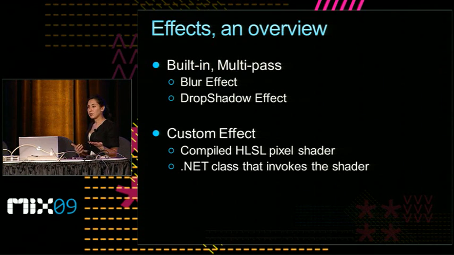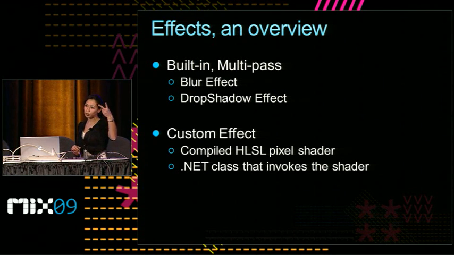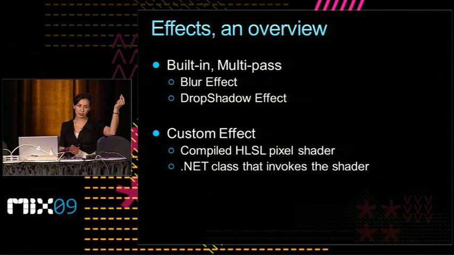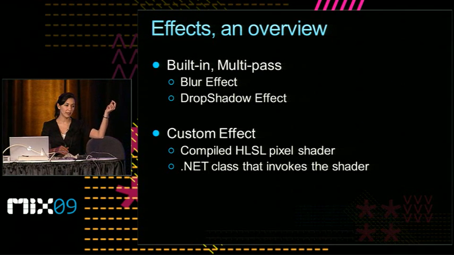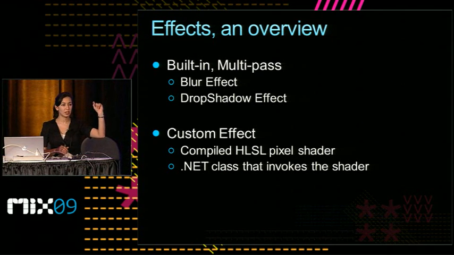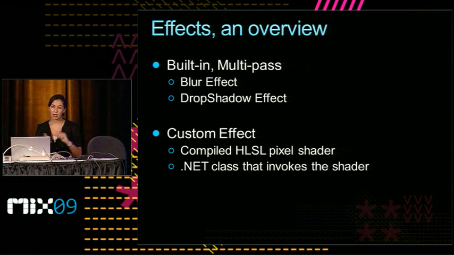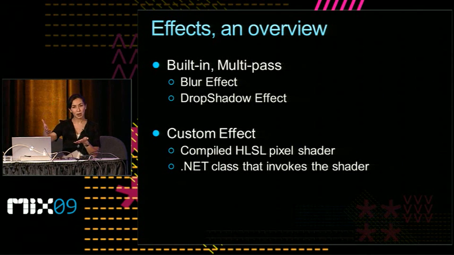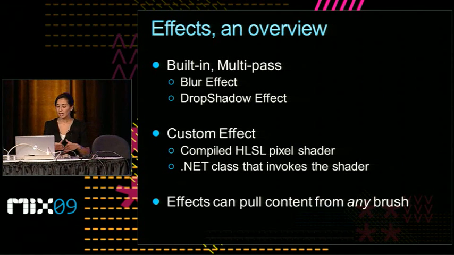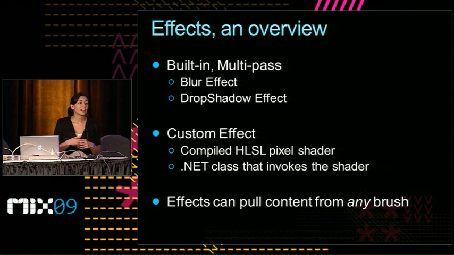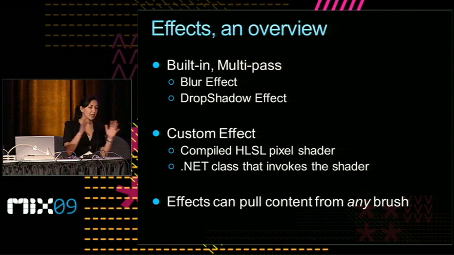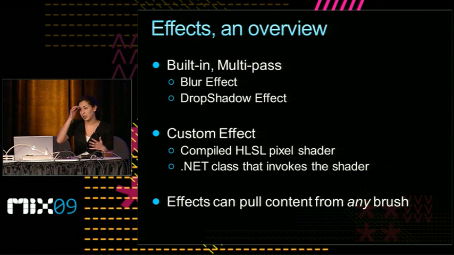And then we have the custom effect, which is composed of 2 components. The high-level shader language file, HLSL, which is compiled into a binary that is invoked by the .NET class, a regular old C# file that will invoke the shader and set all of the properties onto it. And the great thing about effects is that they can pull content from anywhere within the scene, anywhere within your application.